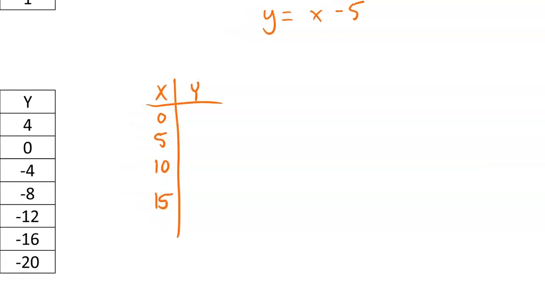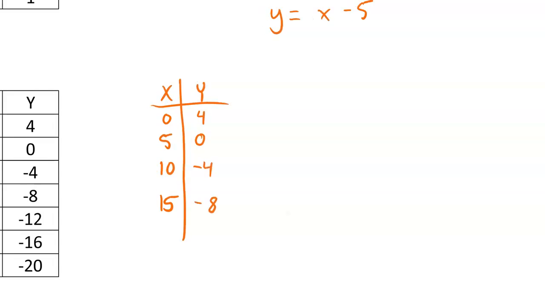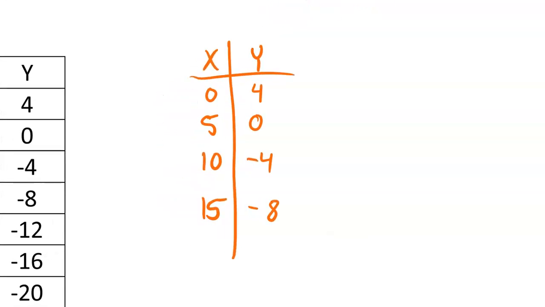So our rate of change for the x is different, and y we're going to be at 4, 0, -4, -8. Our constant is done for us because we have our 0 for x.